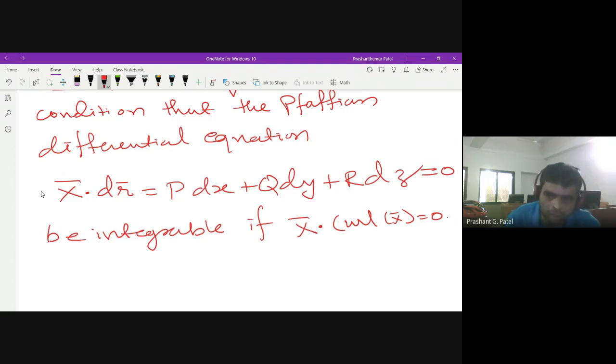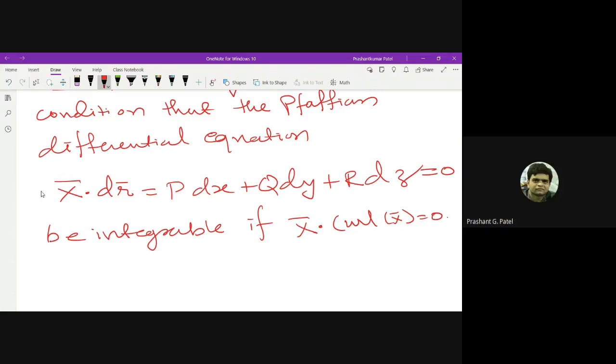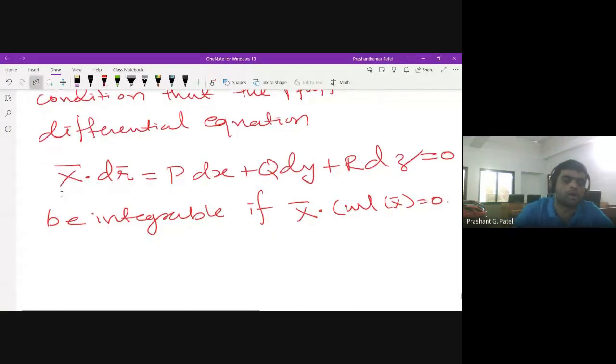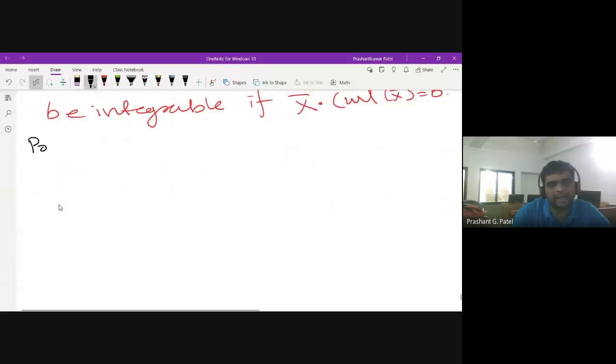It is P, Q, R. If it is 0, then we can say that the given differential equation is integrable. That means we are able to find the solution for that. Okay. So let us discuss the proof for that. The proof is slightly lengthy, but we'll do this.